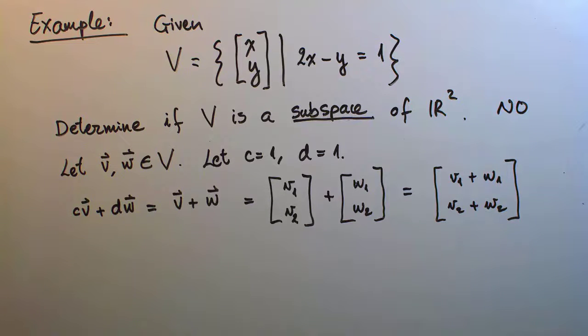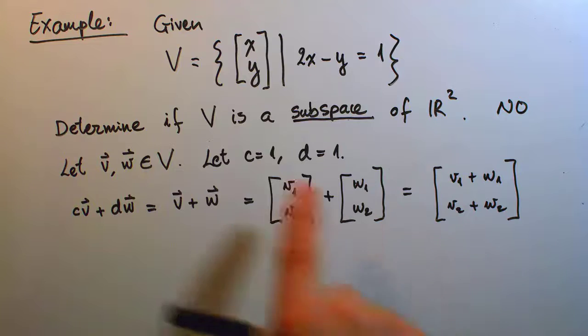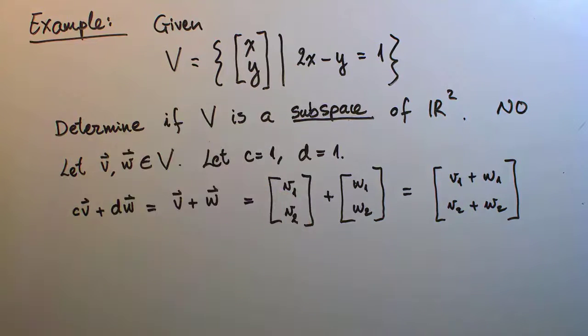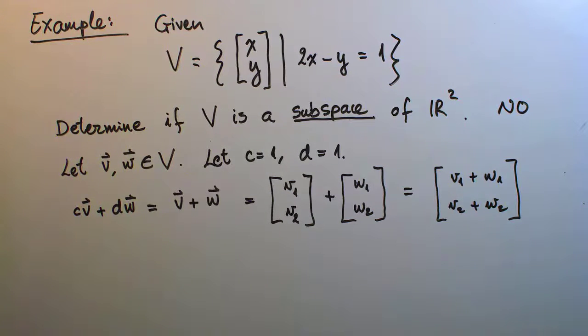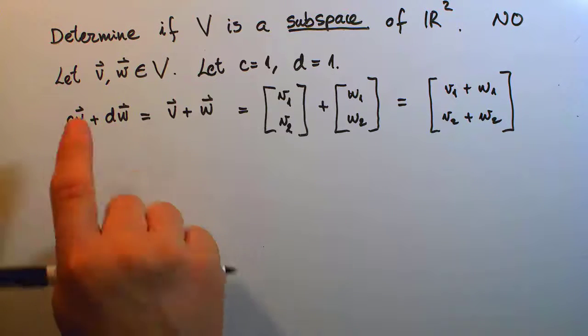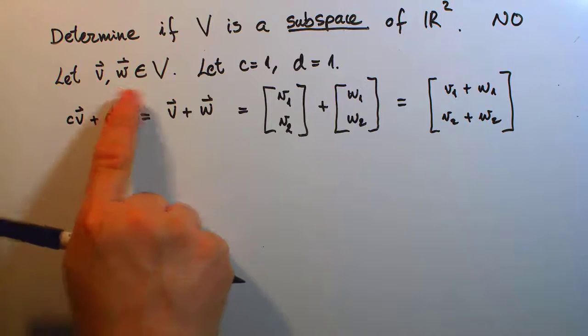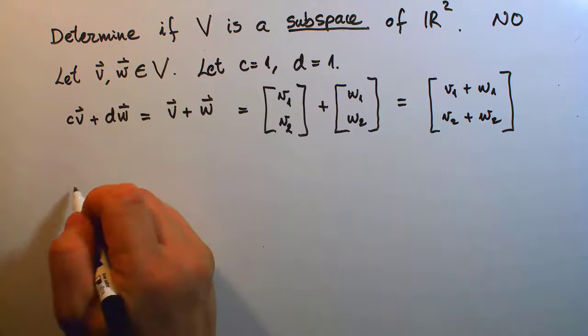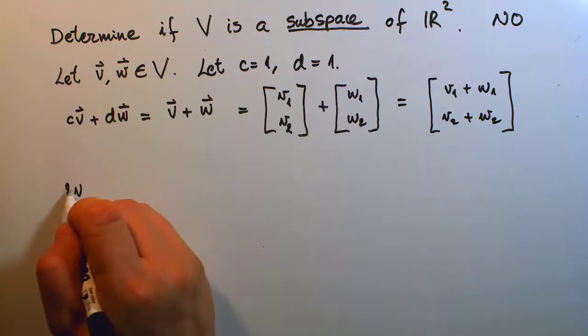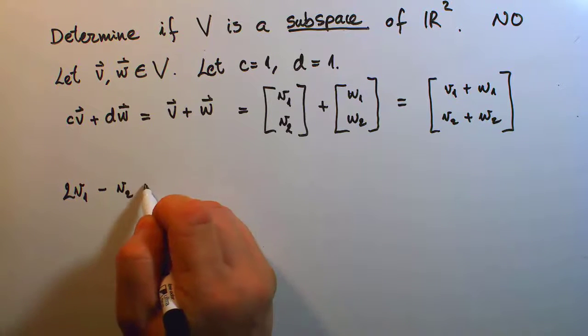And so I am going to prove that this vector is actually not inside of V, is not a member of V. So this is what we know. We already knew that V and W are both vectors from V. So of course 2V1 minus V2 must equal 1.